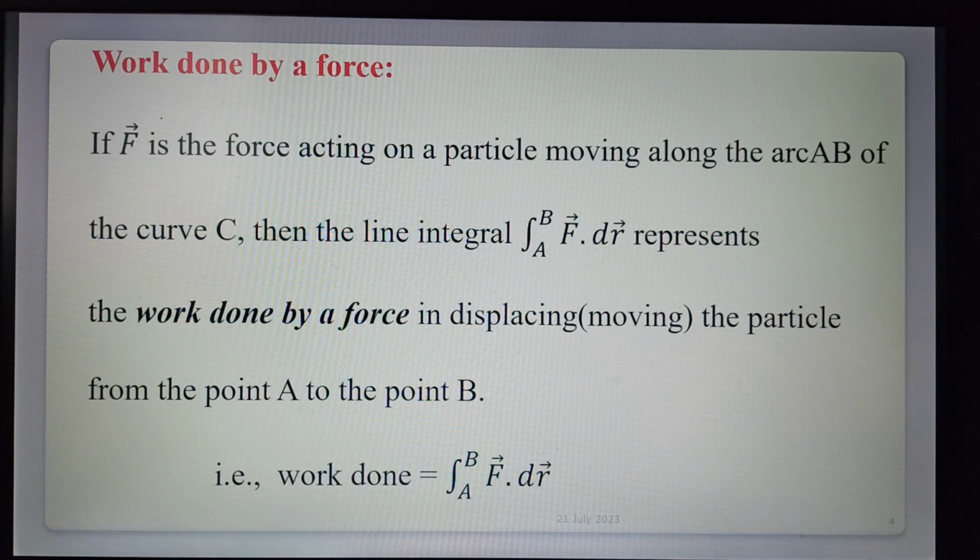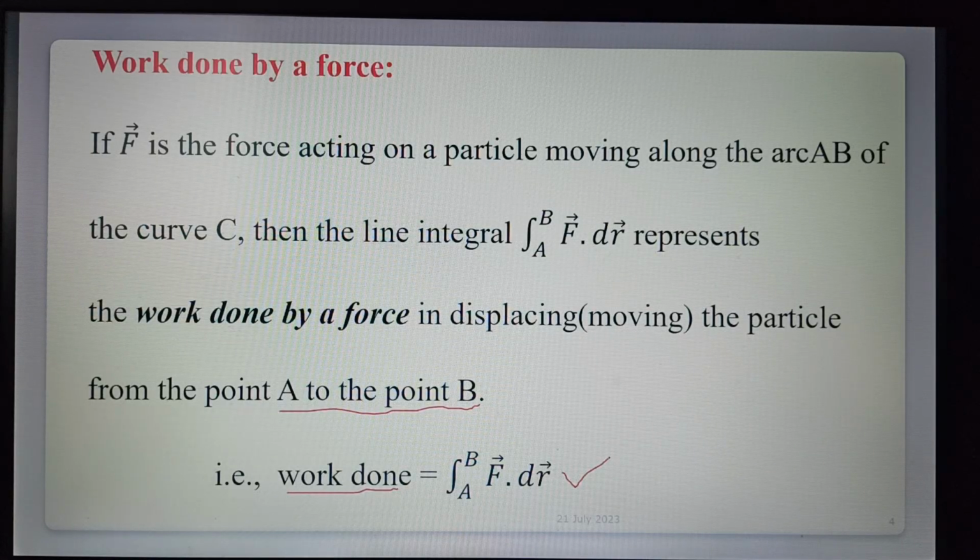Geometrically, if a particle is moving along the curve under the force f bar, then the line integral represents the work done by the force on the particle from point A to B. Work done equals the integration from A to B of f bar dot dr bar.